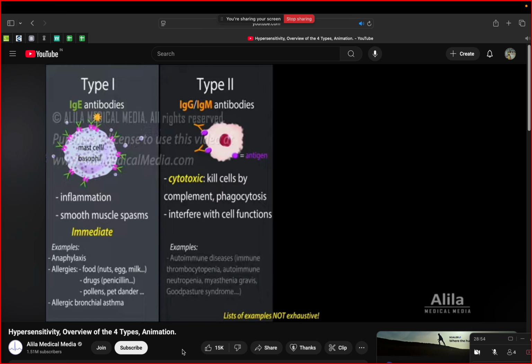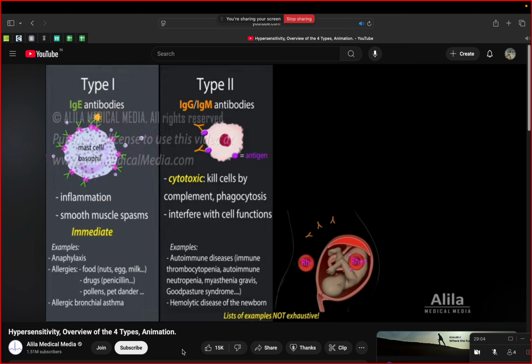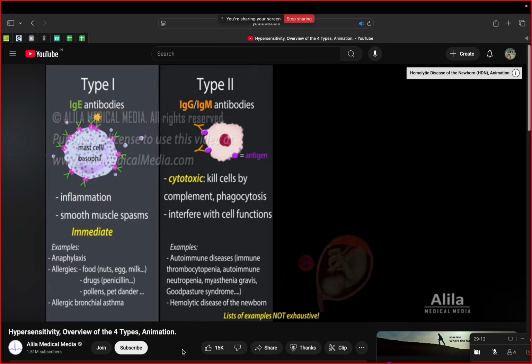Type 2 is at the basis of many autoimmune diseases, where the body produces antibodies to destroy its own cells. Another example is hemolytic disease of the newborn, where maternal antibodies bind to D antigen on the surface of fetal red blood cells and destroy them.